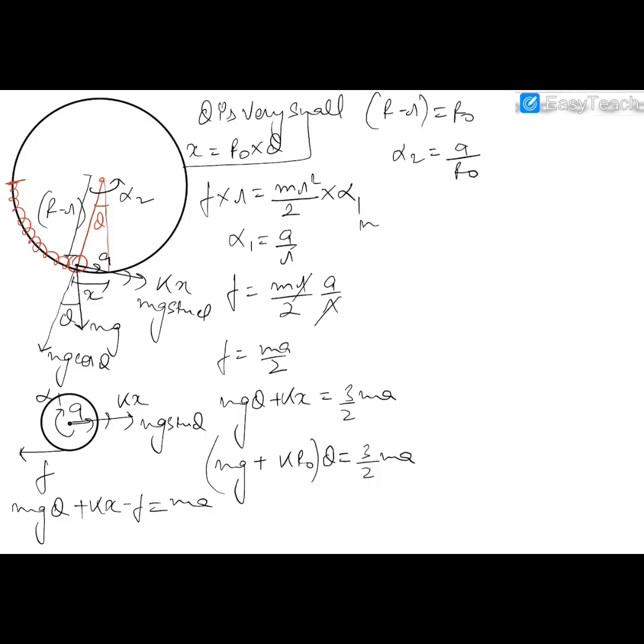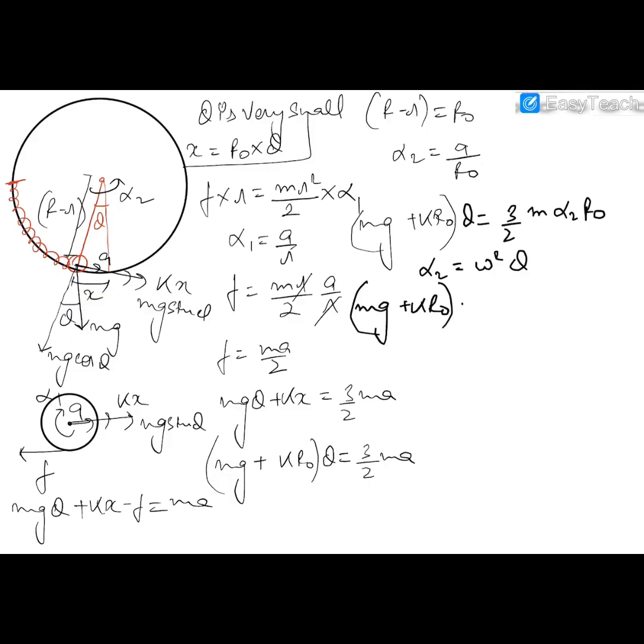So mg plus k r naught, into theta will be equal to 3 by 2 into m into a, where a is alpha 2 r naught, and the value of alpha 2 will be omega square theta. So this is mg plus k r naught into theta is equal to 3 by 2 m into omega square theta into r naught.